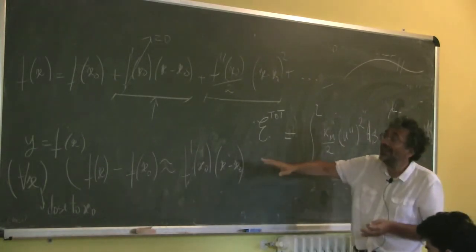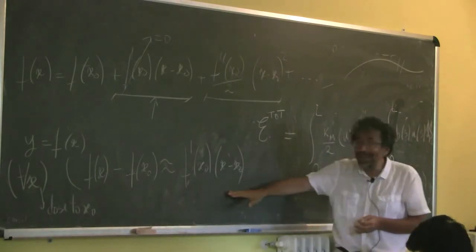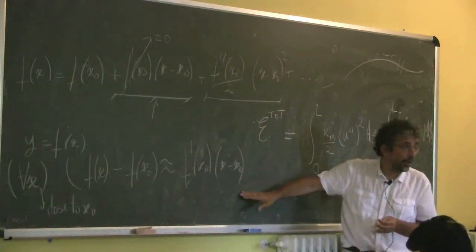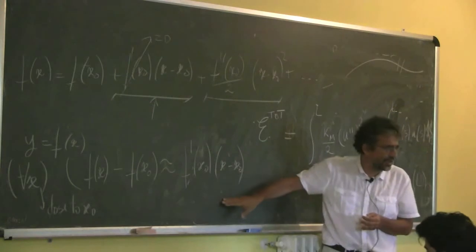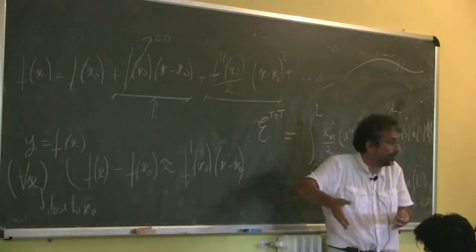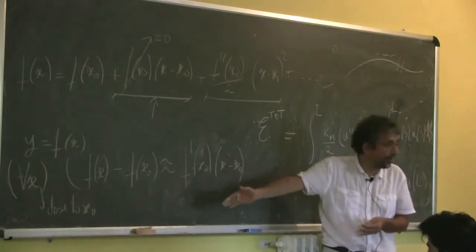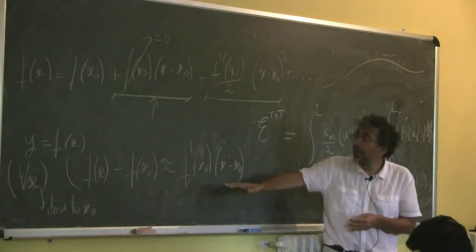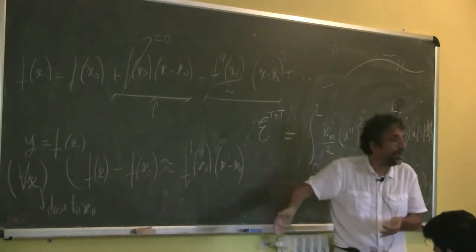Now, the linearized increment, or the small increment expression, or if you want, the differential of the function f, is 0 when you have a minimum.